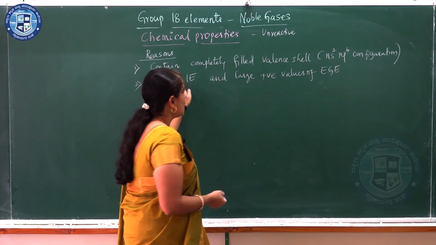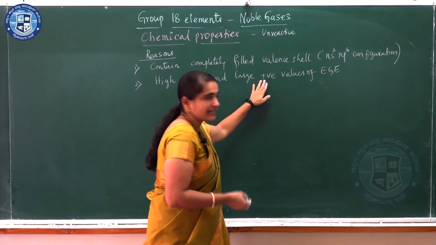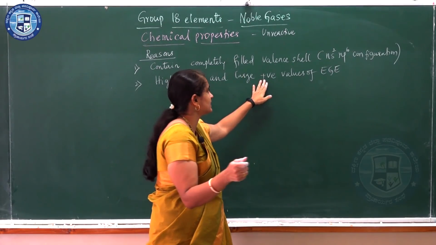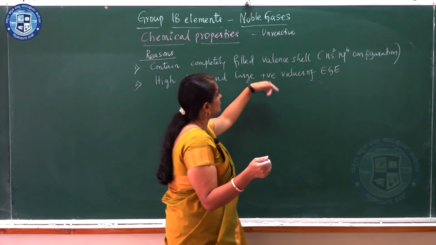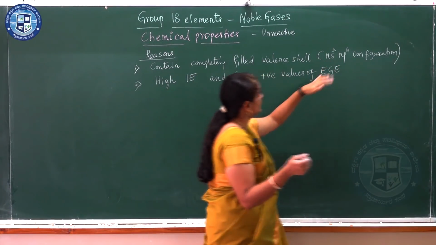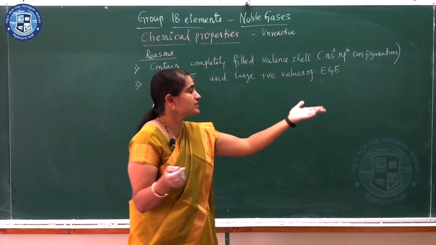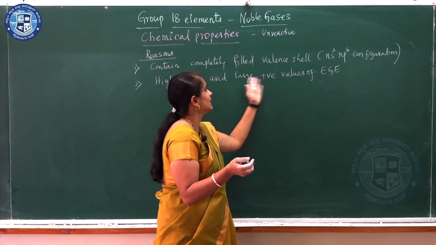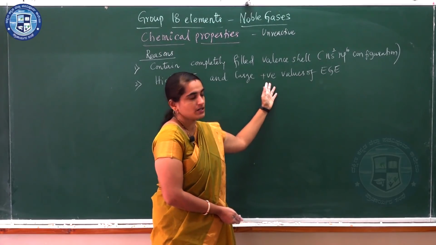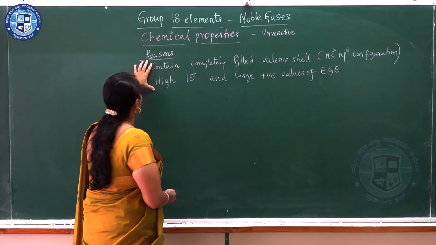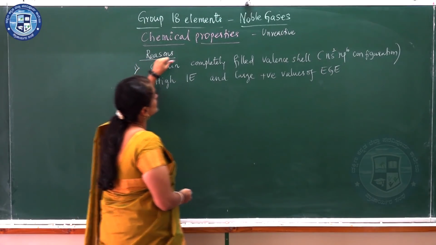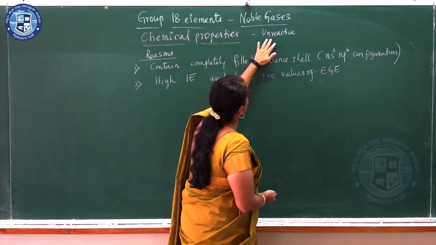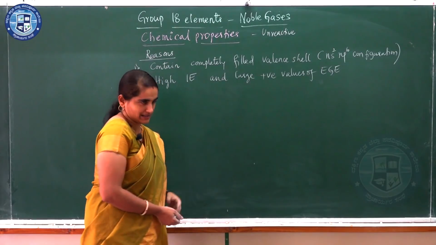Or if you want to add an electron, it has to enter the next shell, which requires higher energy, and those values will also be very, very high, that is, large positive values. So these are the two reasons by means of which there is no chemical reactivity for these noble gases.